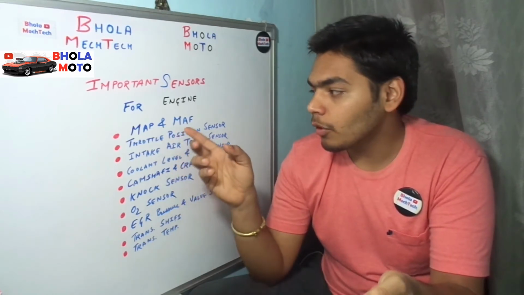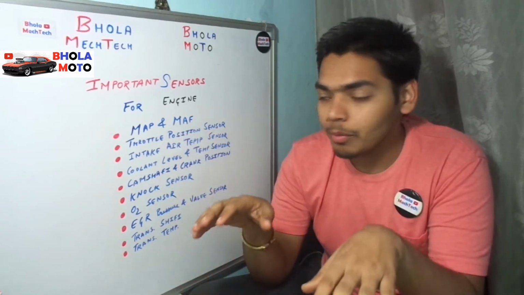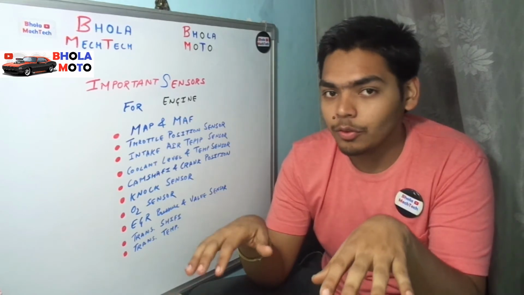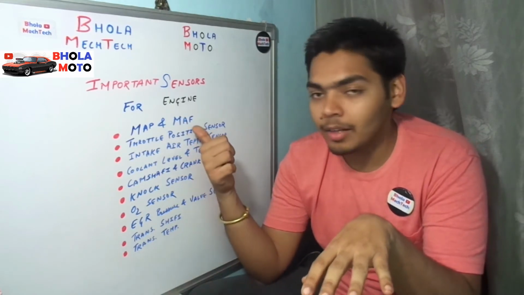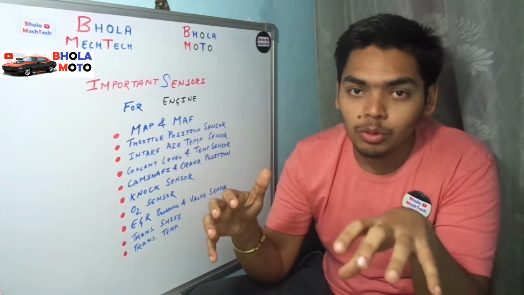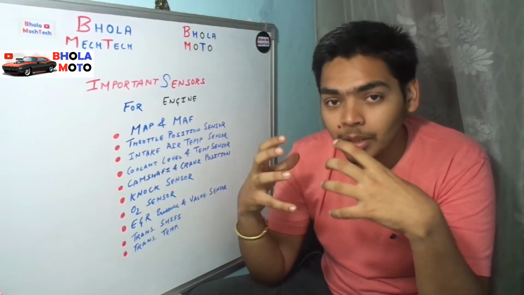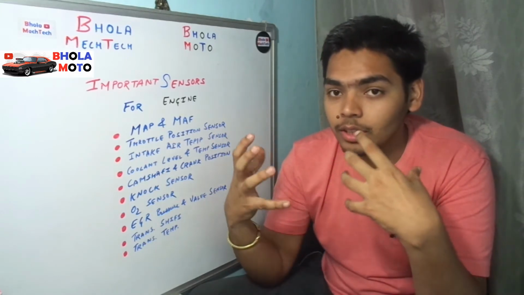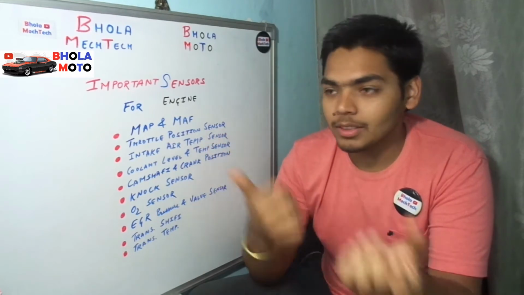So that's why, for making the synchronization between the mass of air and the fuel, and making a ratio which is conventional for the air fuel mixture, the MAF sensor is required.